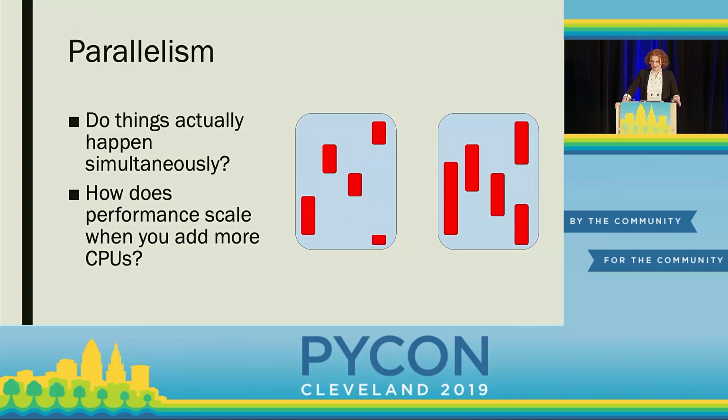The first principle that we're going to talk about is parallelism, which is, again, what a lot of people associate with concurrency. And there are a couple core questions that we want to ask ourselves. When we do things concurrently, are they actually happening simultaneously? A good proxy for this question is, how does performance scale when you add more CPUs?